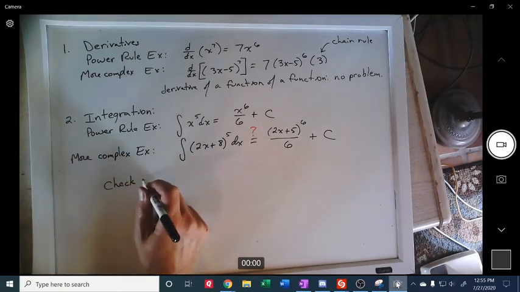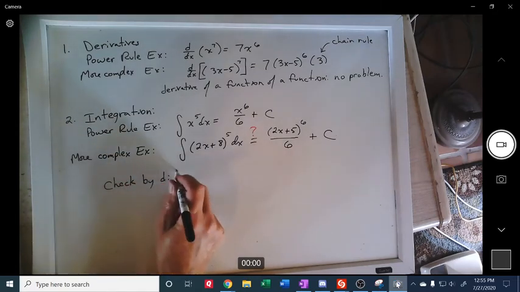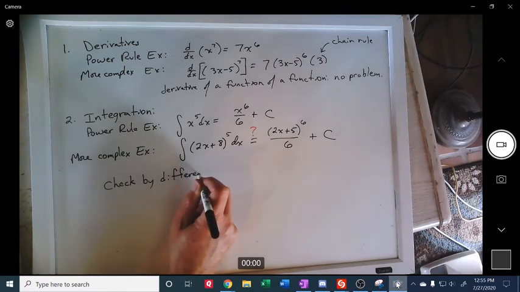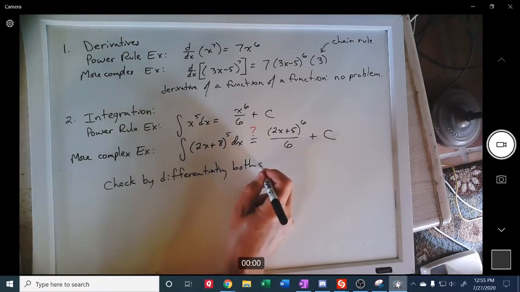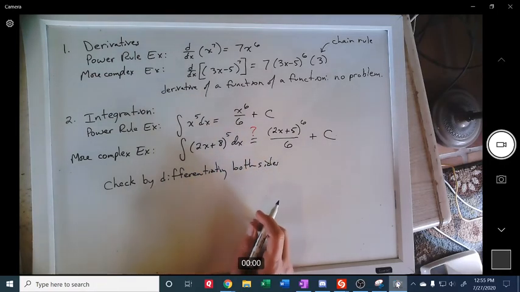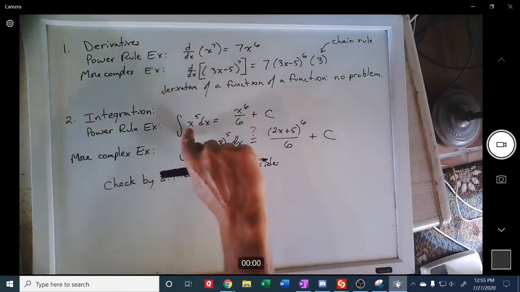We can actually check our work. Check by differentiating both sides. When you take the derivative of this, you've got to get this.